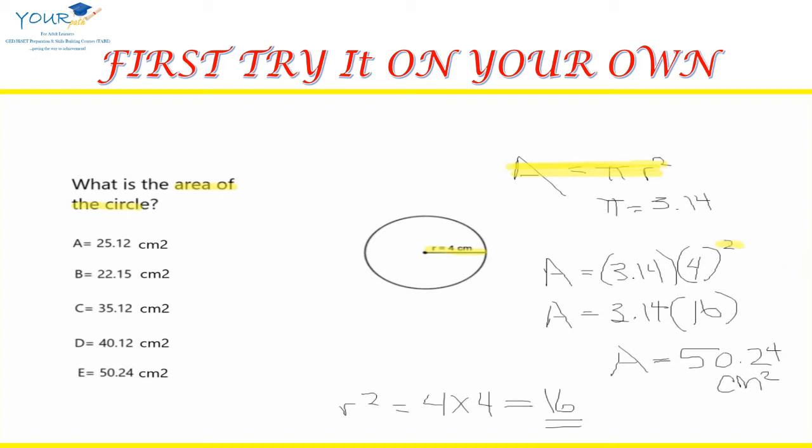So now we can come over here to our options, and we see that option E in this case is the correct choice when we work out our formula, which once again is the area for the circle is A equals pi times the radius squared.